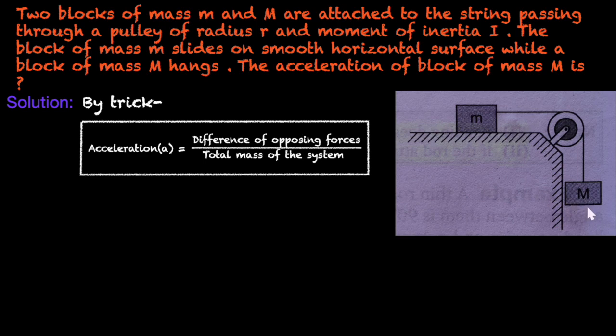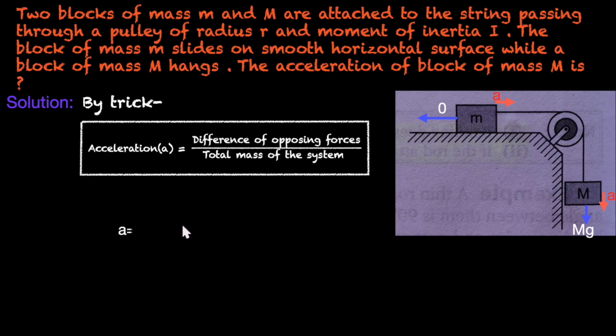Now first things first, we have to find the direction of acceleration. So I can suppose that the direction of acceleration is downward in the case of capital M, and in the case of small m it is toward the positive x direction. Similarly, the force acting on capital M will be mg, the weight of the body, and the force acting on the block of mass small m will be 0, because this block is sliding on a smooth horizontal surface, so the surface is frictionless and the friction force will be 0.